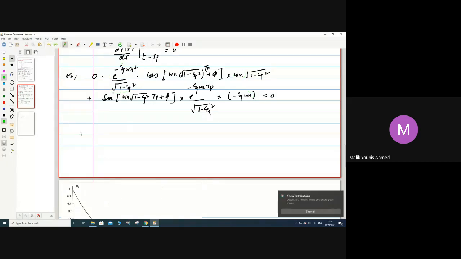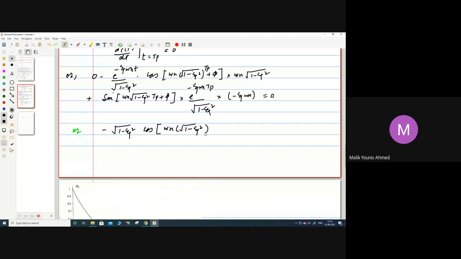Or I can write minus under root of 1 minus xi square, and the leftover will be cos of omega n under root of 1 minus xi square into tp plus phi.